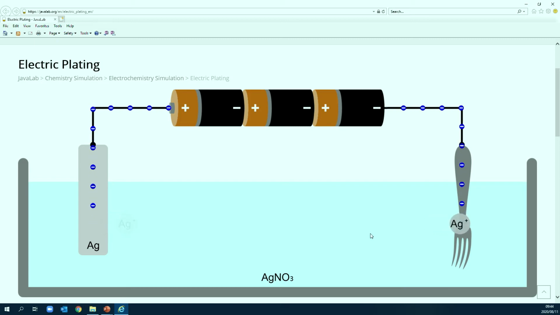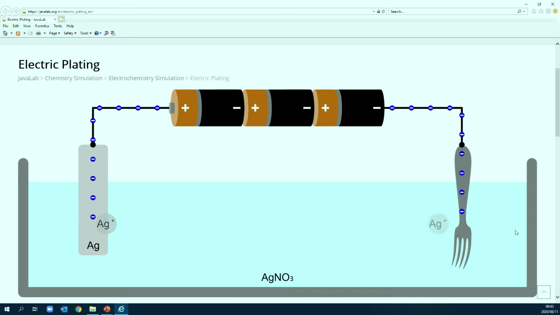So in this case, what are we plating? We're taking a fork, and I can assure you it's very expensive to have pure silver forks. So we normally take a cheaper metal and we coat it with silver. So let's have a look how that happens. What do we want? In this case, our result is we're wanting a fork or an object to be plated with silver. That is our result.